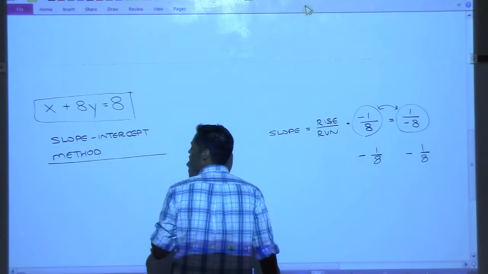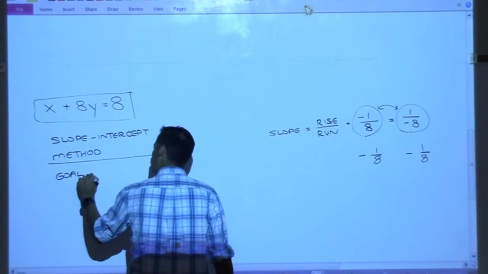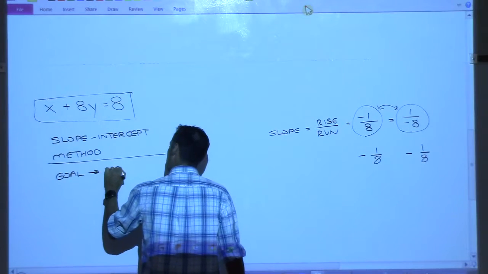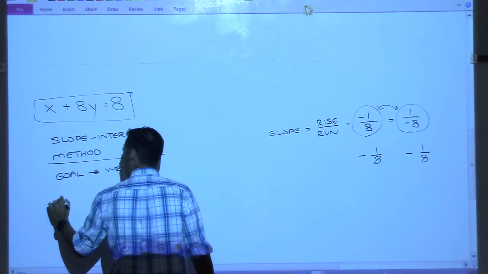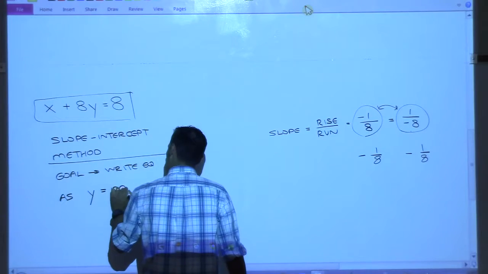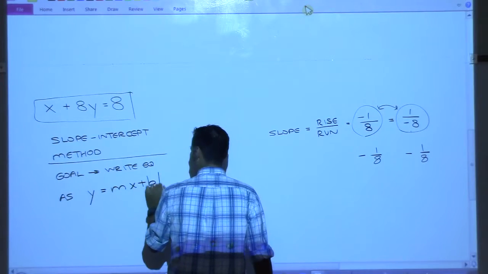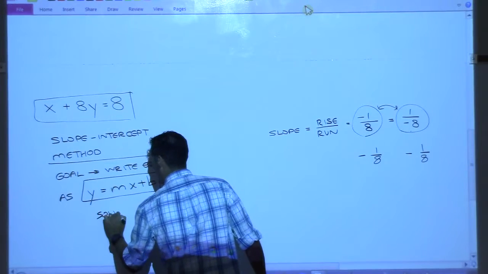For the slope-intercept method, our goal will be to write the equation as y equals mx plus b. That's it. That is our goal. In other words, we will want to just solve for y.